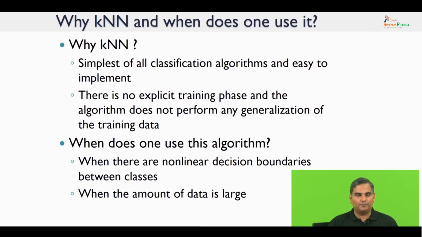So there are ways to address this, but when we say the amount of data is large, all that we are saying is since there is no explicit training phase, there is no optimization with a large number of data points to be able to identify parameters that are used later in classification.